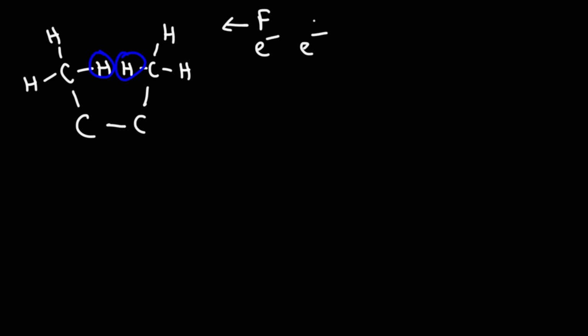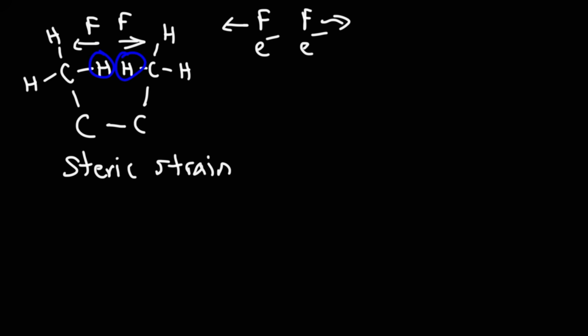And so they're going to feel an electrostatic force. Let me say that again. An electrostatic force of repulsion. So that's when you'll have steric strain. Typically, whenever you have bulky groups next to each other, there's going to be steric strain. And if you count the bonds between those two atoms, they're more than 3 bonds apart.